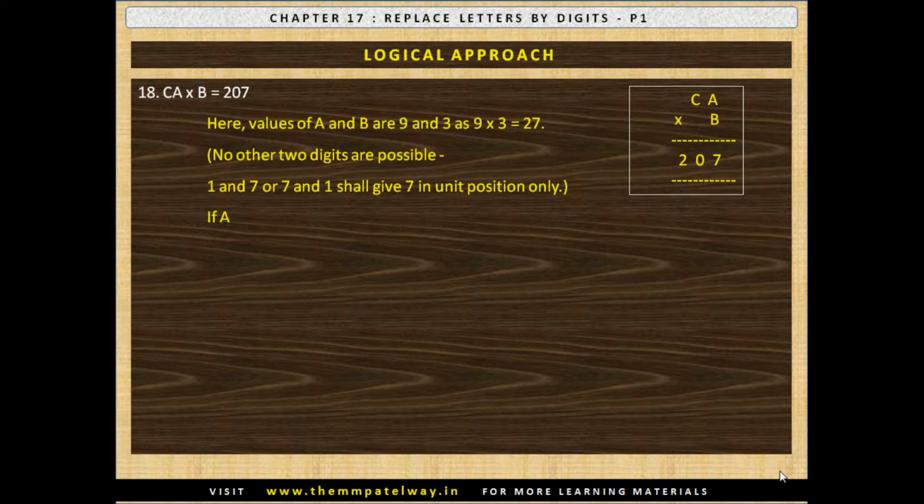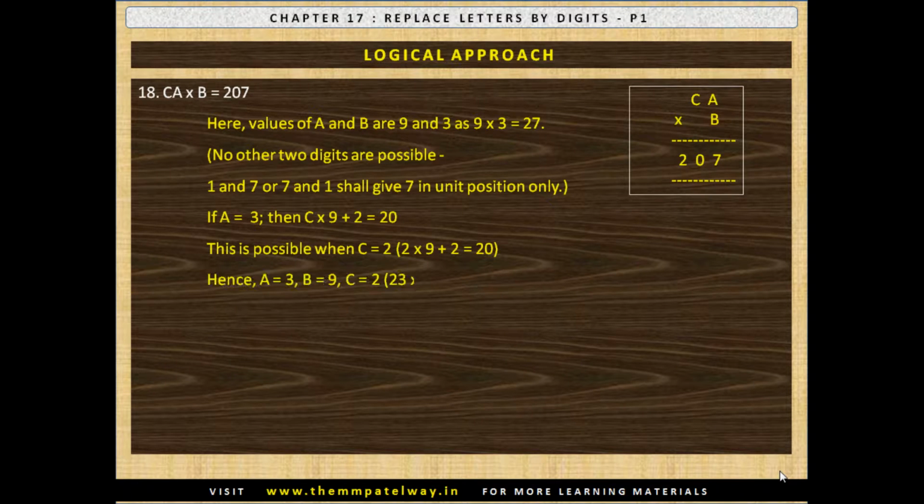If A equals 3, then C into 9 plus 2 will be equal to 20. This is possible when C equals 2, that is 2 into 9 plus 2 equals 20. Hence, A will be equal to 3, B will be equal to 9, C will be equal to 2, that is 23 into 9 equals 207.